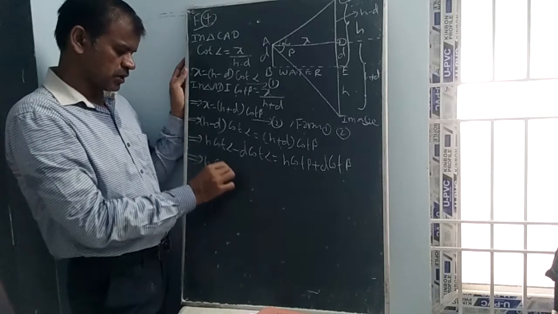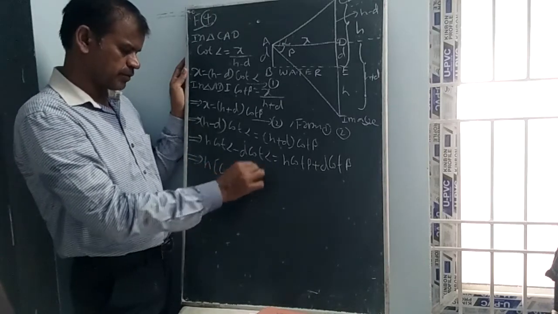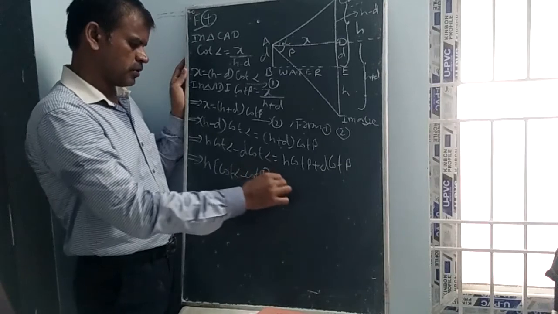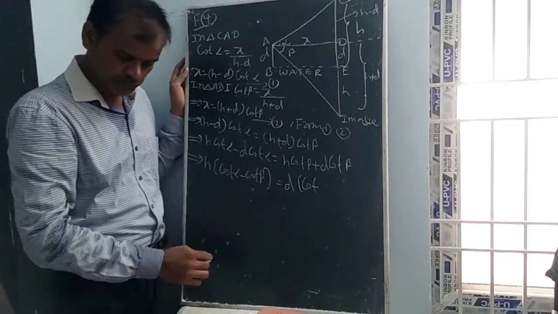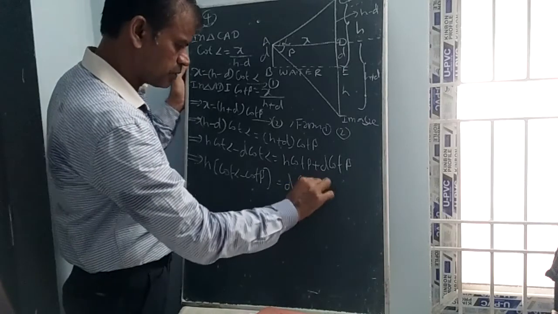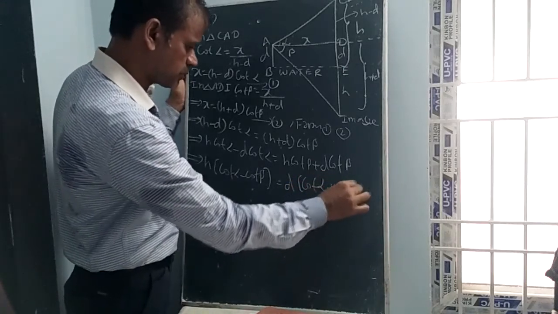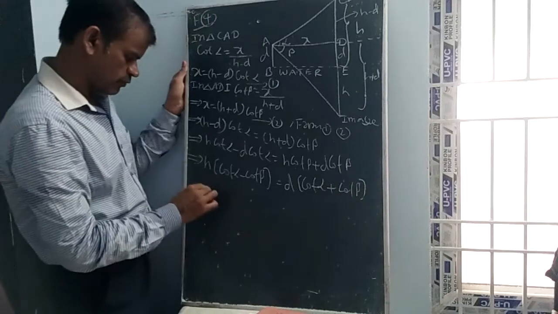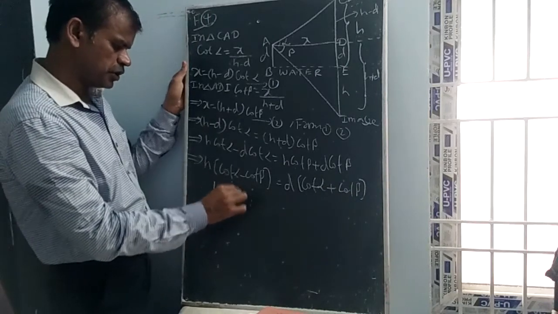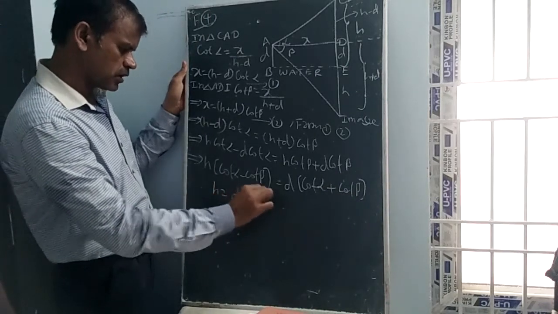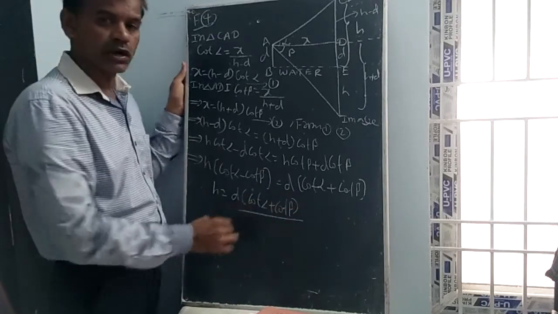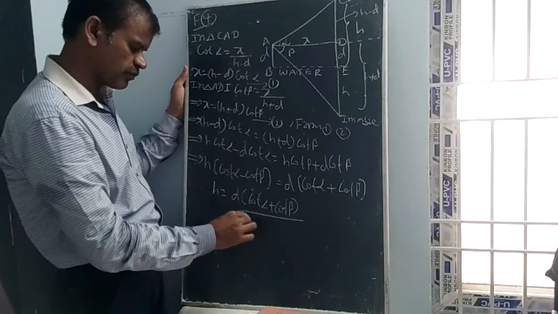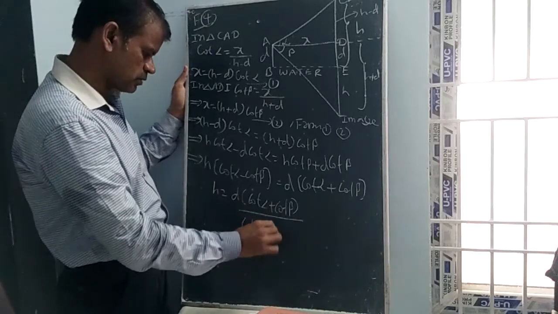H into cot alpha minus cot beta is equal to d into cot alpha plus cot beta. Therefore, h is equal to d into cot alpha plus cot beta by cot alpha minus cot beta.